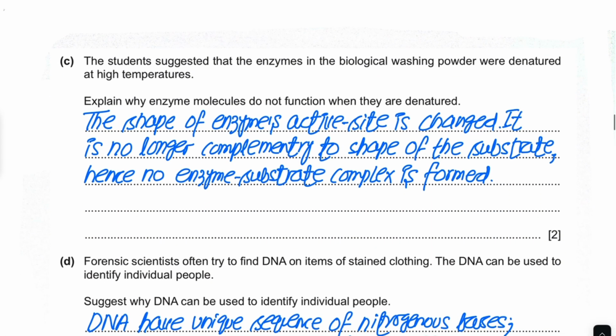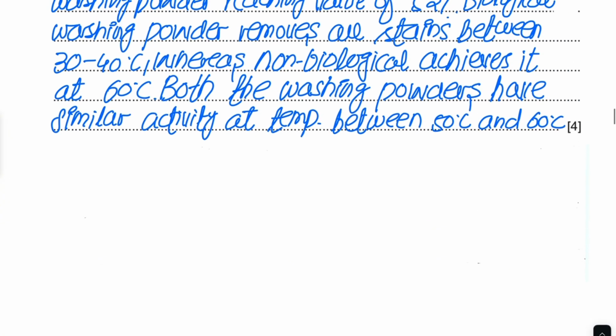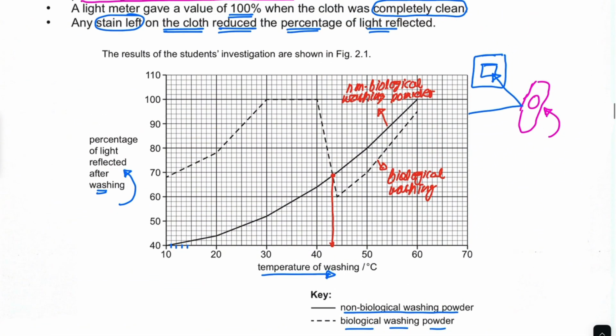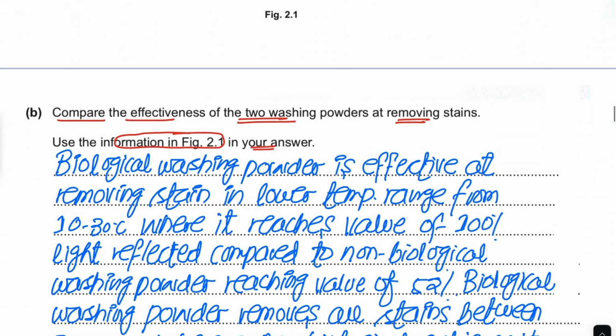Now, if we move further, they say that the students suggested that the enzymes in the biological washing powders were denatured at a high temperature. Further, for a total of 2 marks, they want us to explain why the enzyme molecules do not function when they are denatured. If we increase the temperature of the biological washing powder to the maximum, the enzyme would get denatured.